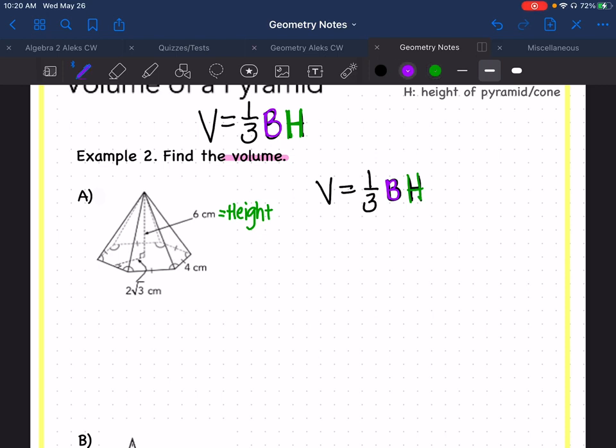To find the area of my base, I need to know what my base is. Well, my base is going to be this regular polygon. And as I drew it, it had 6 sides, so it is a hexagon. And to find the base, I have to use this formula.